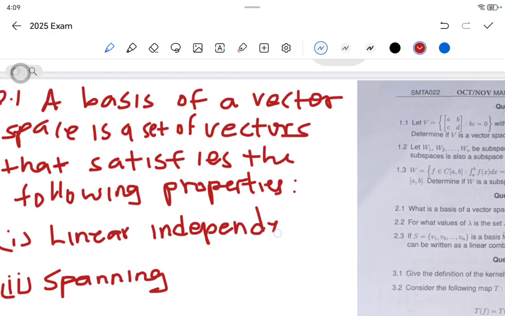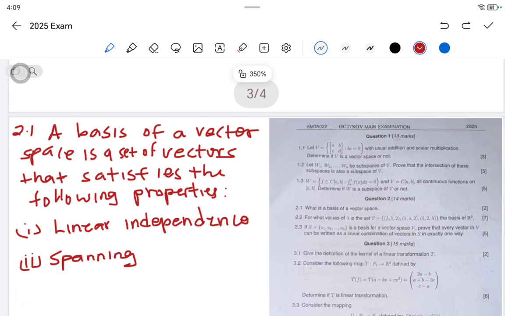Independence. I think some things I just write them in my mind. Then a spanning set. Here you can just say spanning because here you have already specified spanning set, but a set doesn't matter. So you can just also define it in this way: a basis of a vector space is a set of vectors that satisfies the following properties: linear independence and spanning.